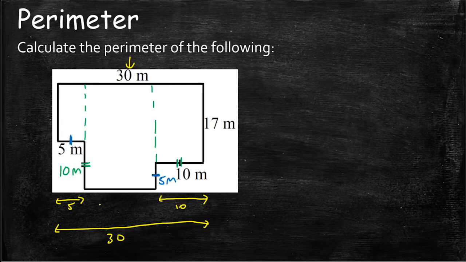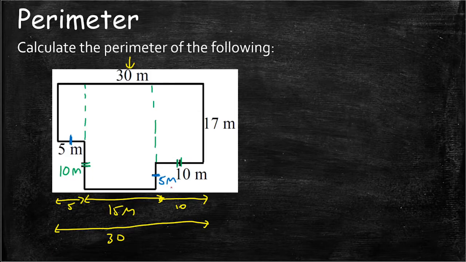What's the missing bit? So far we've got 10 and 5 is 15. What do we need to add on to 15 to get to 30? Well, it's actually 15 as well. So this length at the bottom that we need is actually 15 meters.